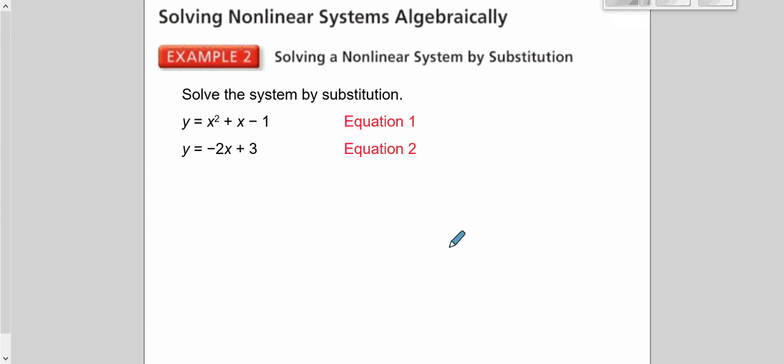All right, solve the system by substitution. We're going to stick with substitution. Both equations are y equals stuff. This one has an x squared, this one does not. But y equals this stuff, so we can put this stuff in for y into the other equation.